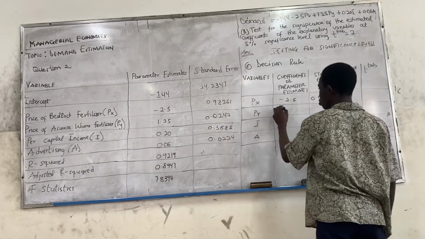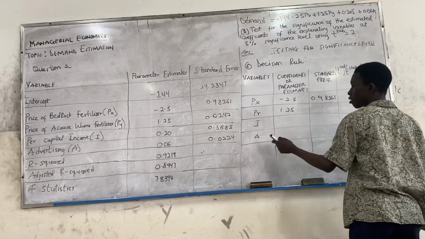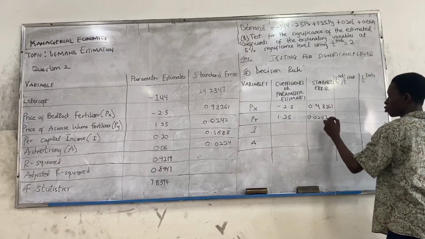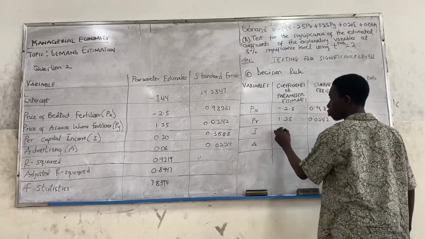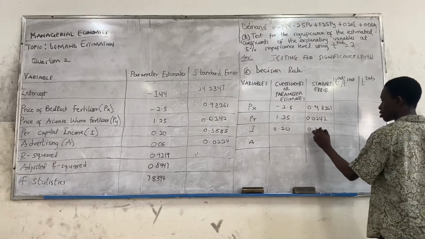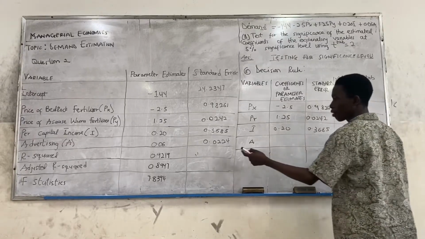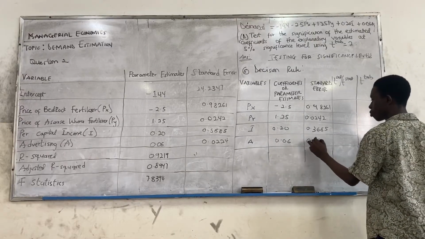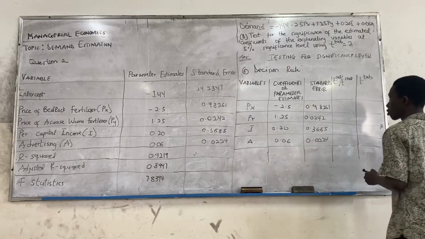PY coefficient 1.25, standard error 0.0242. Income 0.20, standard error 0.3685. Advertising 0.06, standard error 0.0224.